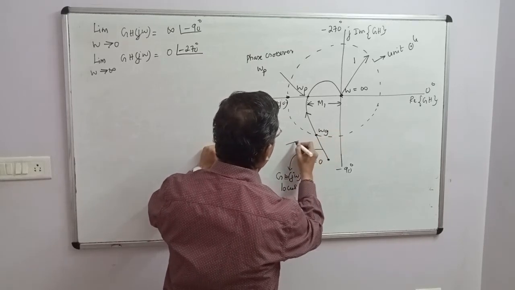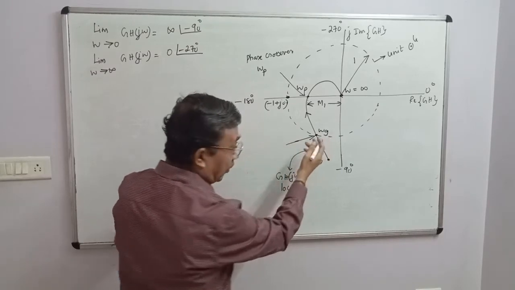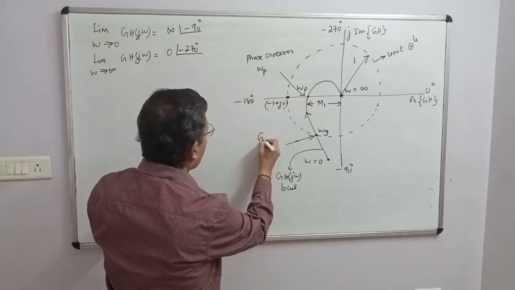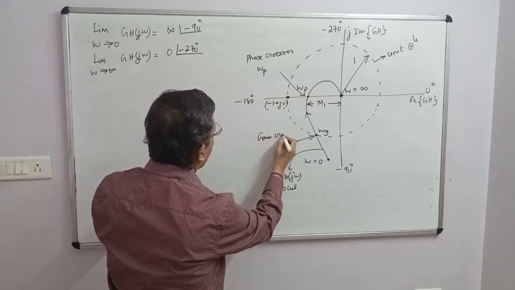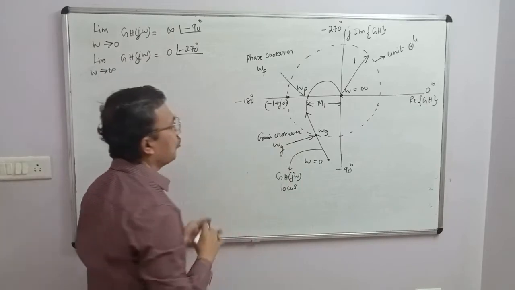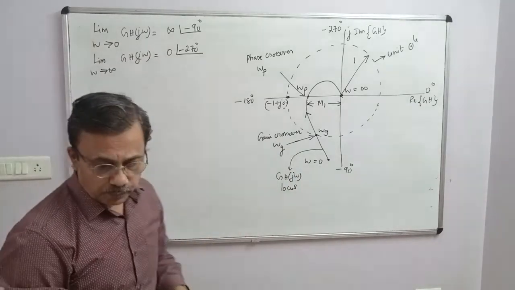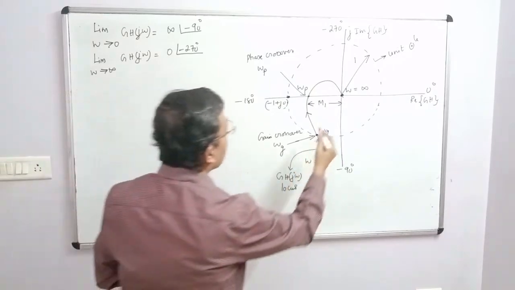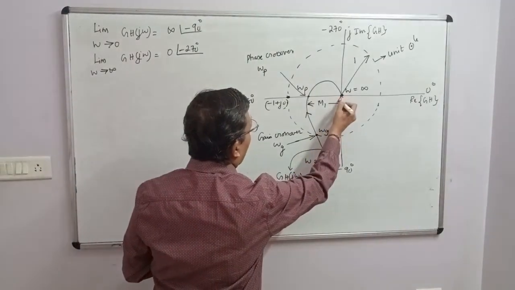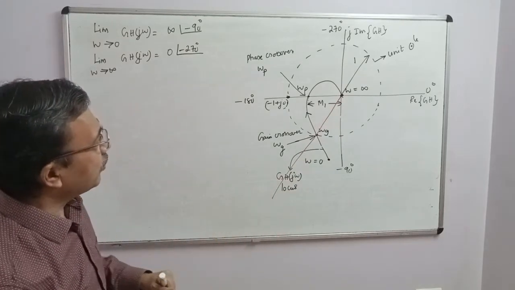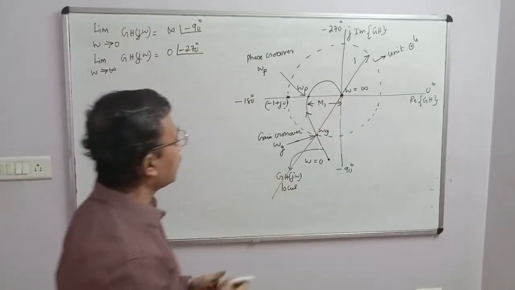This is called gain crossover, and this is called phase crossover. Omega g is called gain crossover frequency. Let me draw a straight line passing through this intersection point.